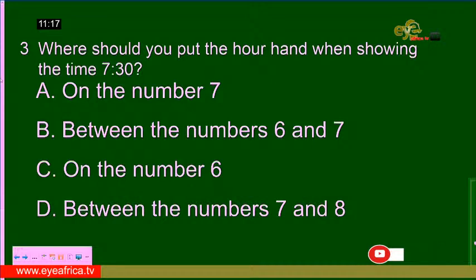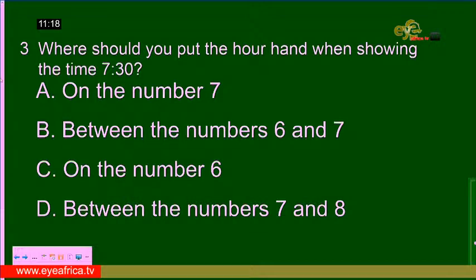And I said it earlier, 7:30 means 7:30. That half there means 30 minutes past 7, or you can say 30 minutes to the next hour, which is going to be 8.